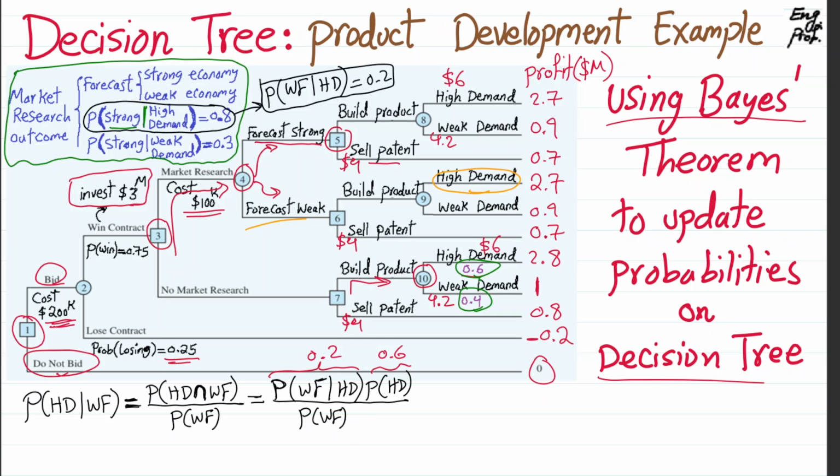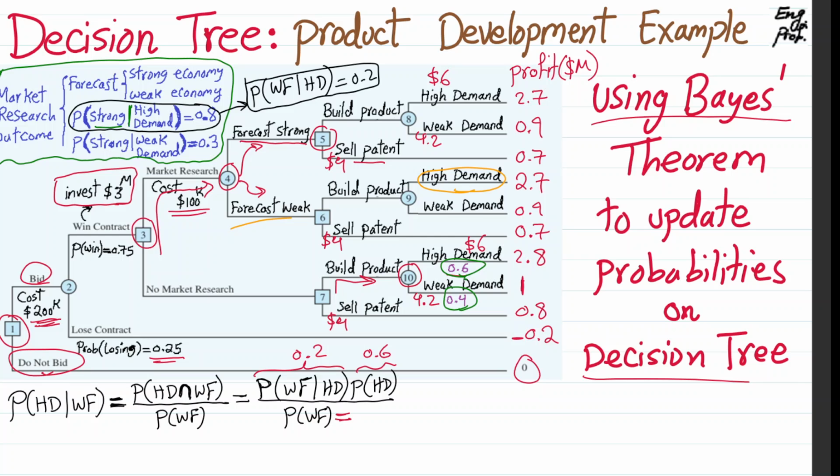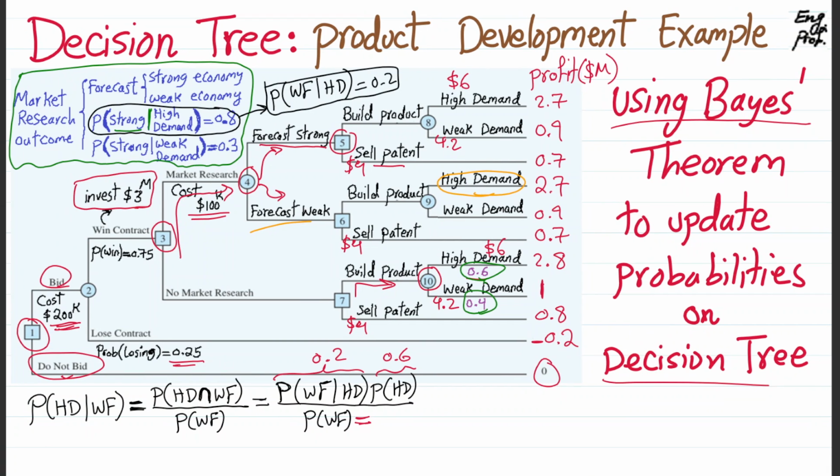I mean, we can write it this way. Let me just focus on the denominator. The probability of weak forecast is the probability of weak forecast and high demand, plus the probability of weak forecast and low demand.